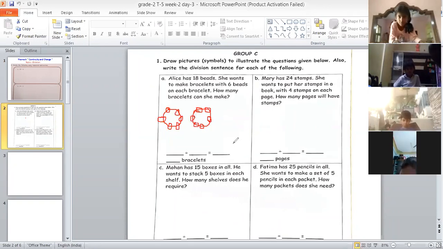Now we have already made 2 bracelets. Now let us count the total number of beads, so that we'll come to know how many more bracelets we need to make.